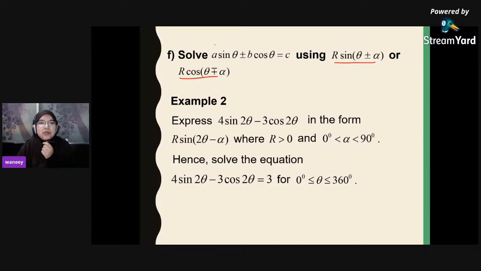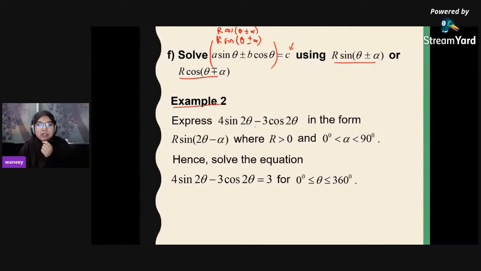Before this, we only learned how to change from a sin theta plus minus b cos theta into either r sin theta plus minus alpha or r cos theta plus minus alpha. But now, after we change this into r cos and r sin, we want to solve them. We will let them equal to some value, and then we're going to find out the value of our theta. Okay, so now example 2.